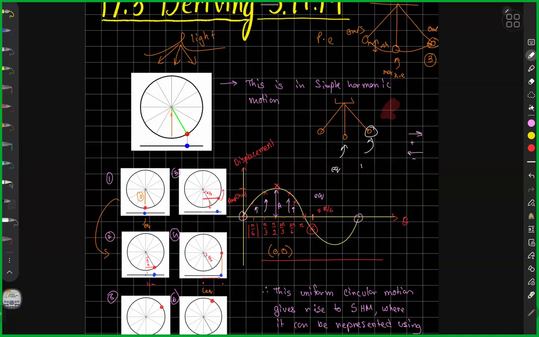I told you guys, pi by 2, right? Now, if it is at this position again, what do we say? We say it is at pi position. If it's at this position now, at what position is it? 3 pi by 2.